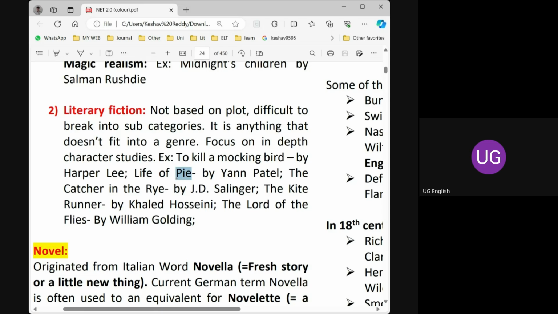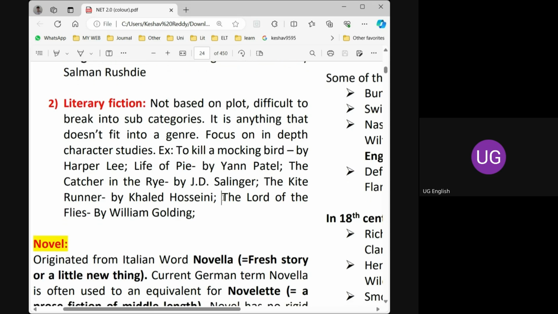The other important novel is The Catcher in the Rye. This is also an American novel, by J.D. Salinger. The Kite Runner is an Afghan novel by Khaled Hosseini. We will discuss all these novels in post-colonial literature. We also have Lord of the Flies, which is a very good example. It's a very good novel, based on being stranded.